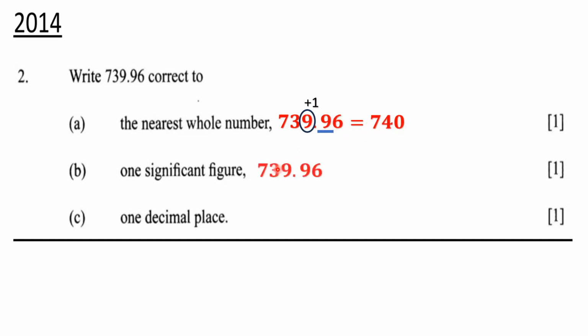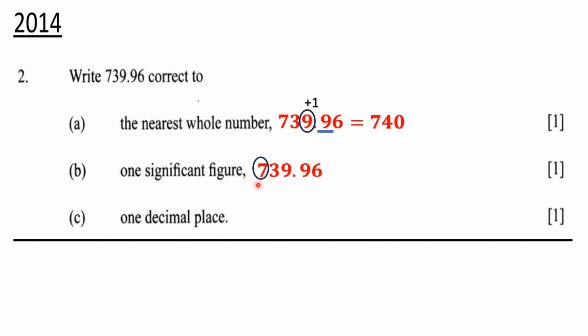Now they want us to round this number 739.96 correct to one significant figure. There are 5 significant figures here: 7, 3, 9, 9, and 9. All of them are significant because once it's not 0, it's significant. So all non-zero digits are significant. The first significant number here is going to be 7.